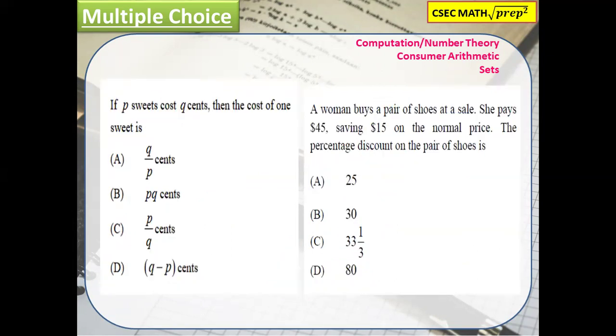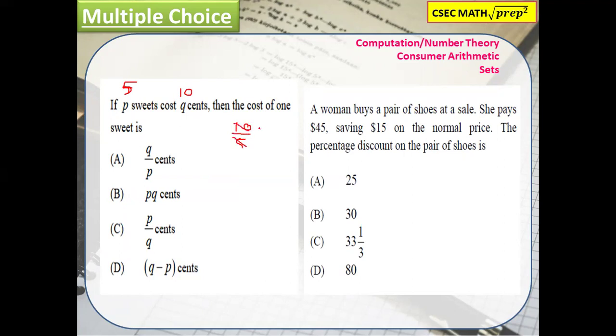All right. A simple one-tier question. If P sweets cost Q cents, then the cost of one sweet is, for me, I'd apply some numbers to make sense of this question first. So say, for example, if 5 sweets cost 10 cents, then to get the price for one would be 10 divided by 5.